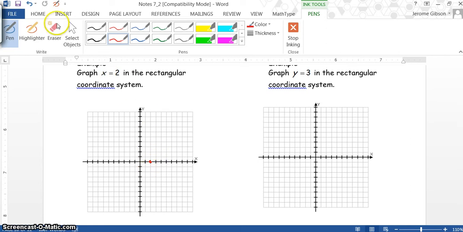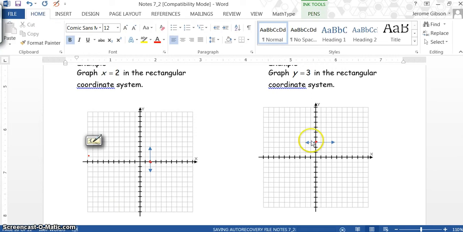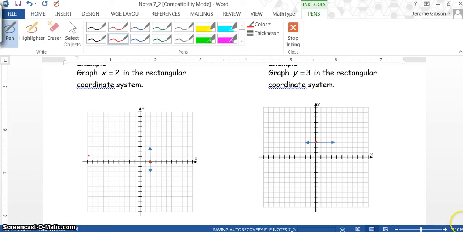Then we would draw a vertical line. And here's my vertical line. It doesn't matter the length per se, as long as I have the arrowheads and it includes the initial point. Now we want to graph y equals 3. So we would go up to y is 3. Plot that point and draw a horizontal line, which I have included here. Now we scroll down to the next page.